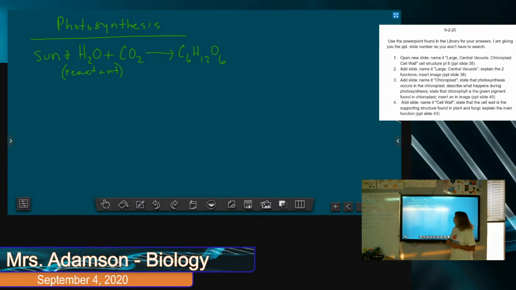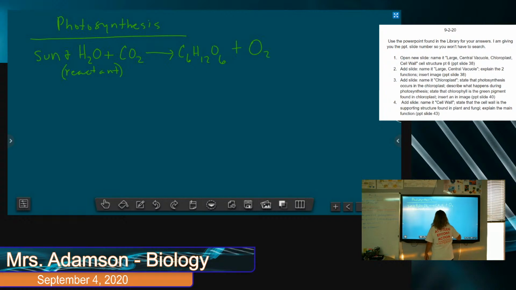Glucose is a form of energy. We start with sun energy, and it is transformed into chemical energy, which will be used later by the cell. This is where plants or producers, also called autotrophs, are producing their own energy, their own fuel. The byproduct left over is oxygen.